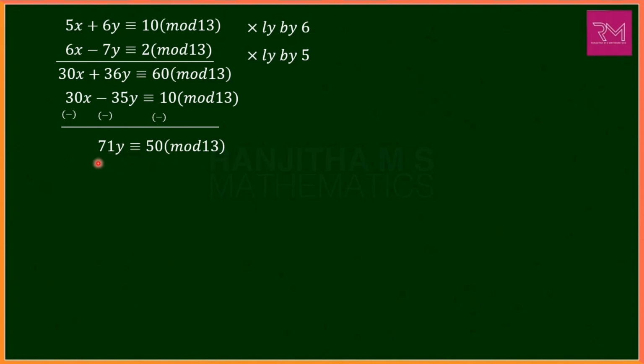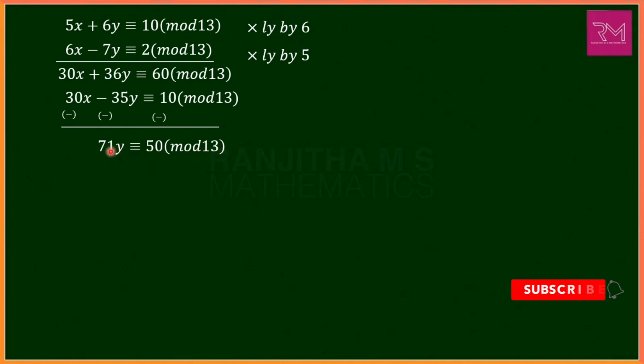Here, observe carefully. This linear congruence has the values 71 and 50, which are greater values. Applying the definition of congruence and solving is a bit lengthy, so to reduce the procedure, we can divide the values 71 and 50 by 13.